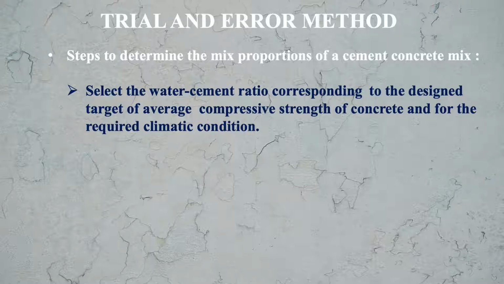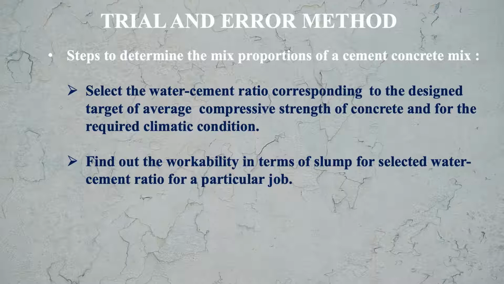Now let us see what are the steps to determine the mix proportions of a cement concrete mix. First step is to select the water cement ratio corresponding to the design target of average compressive strength of concrete and for the required climatic conditions. So here the two factors are the average compressive strength of the concrete and the climatic conditions, and keeping these in view, we will select the water cement ratio.